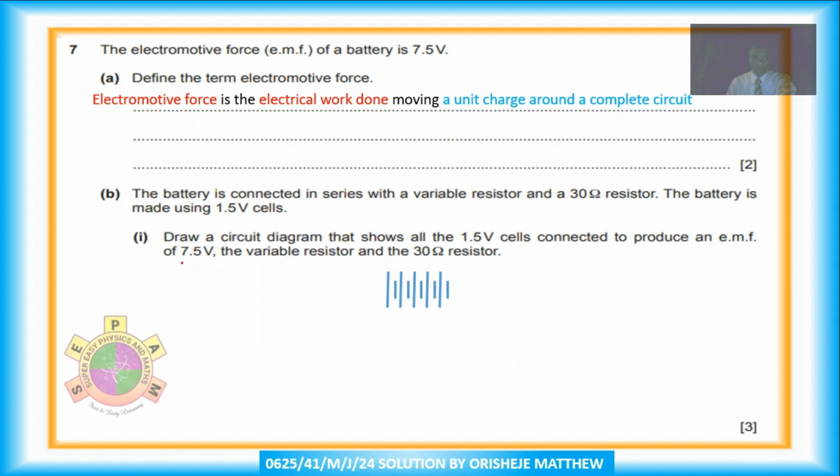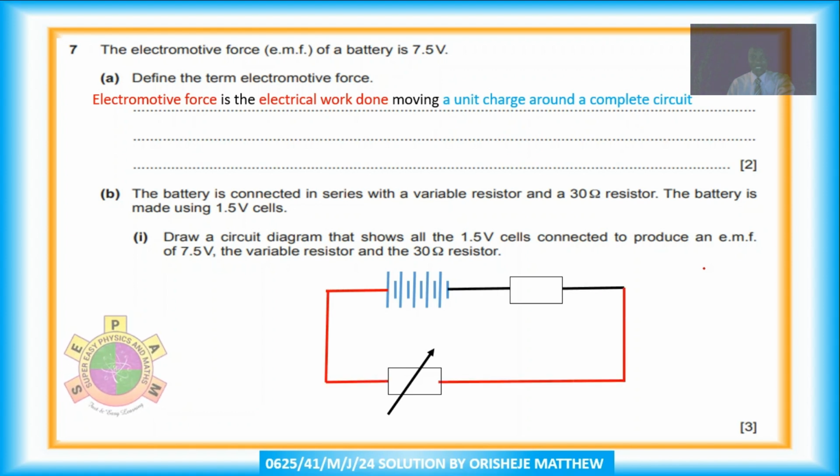If you divide 7.5 by 1.5, that will give you 5 cells. Then connect in series. So you have a 30 ohm resistor, then you have the variable resistor connected to it. So now they are connected in series. For this, you have your 3 marks.